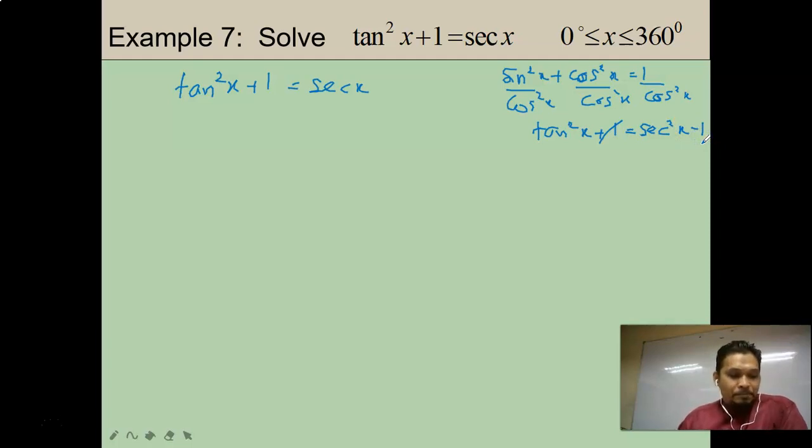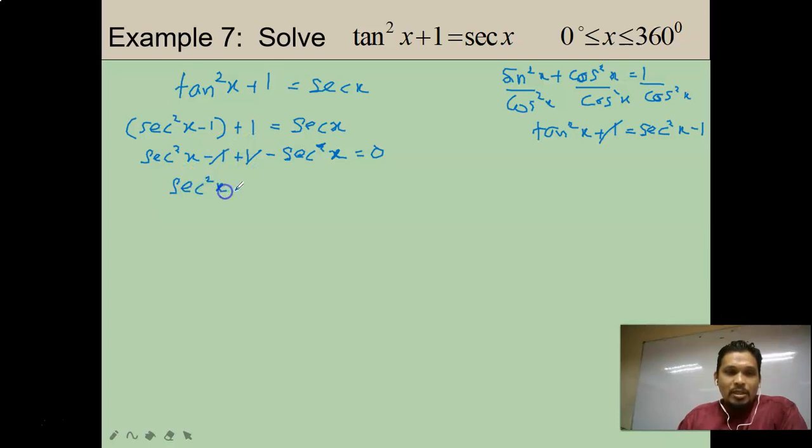Okay, so now tangent square x we substitute or replace with secant square x minus 1, plus 1, equal to secant x. So secant square x minus 1 plus 1, and then minus secant x equal to 0. Then it gives you secant square x minus secant x equal to 0.